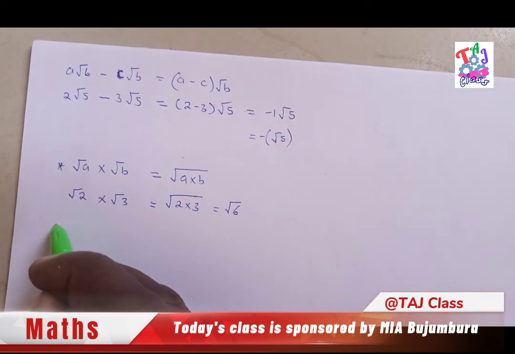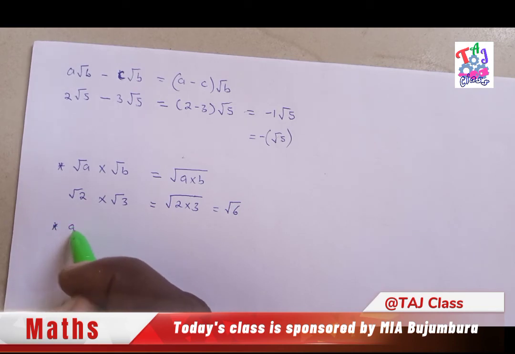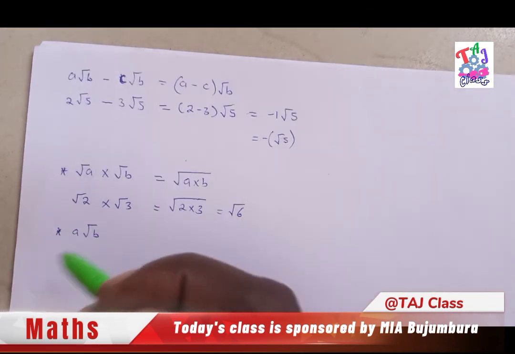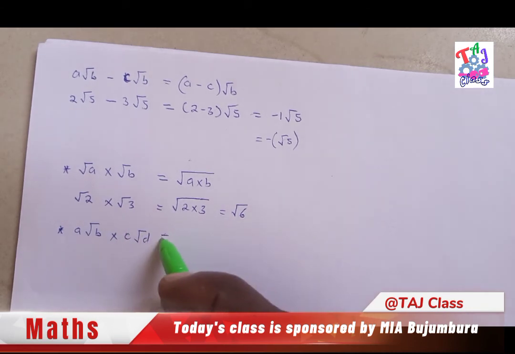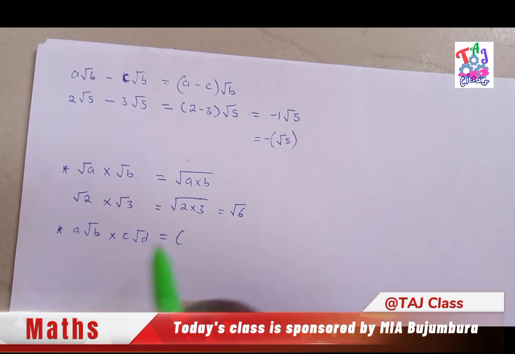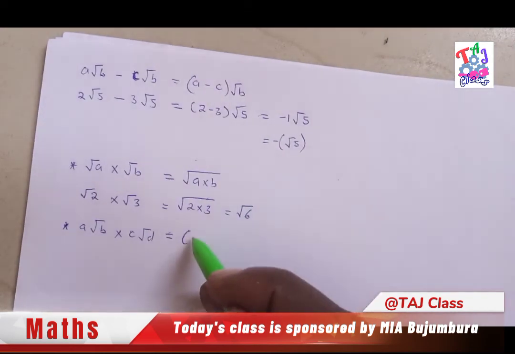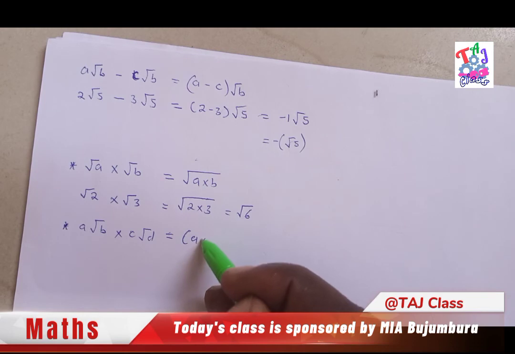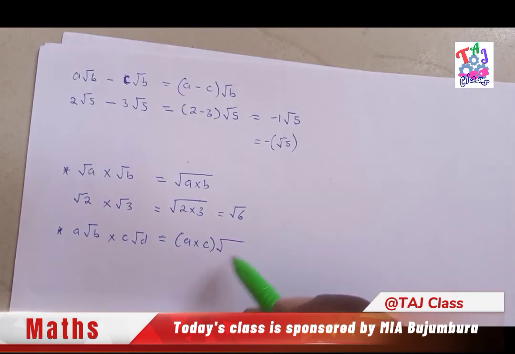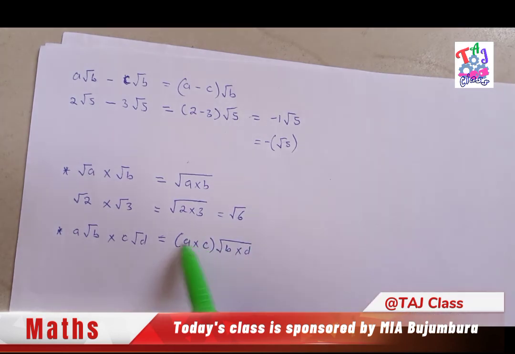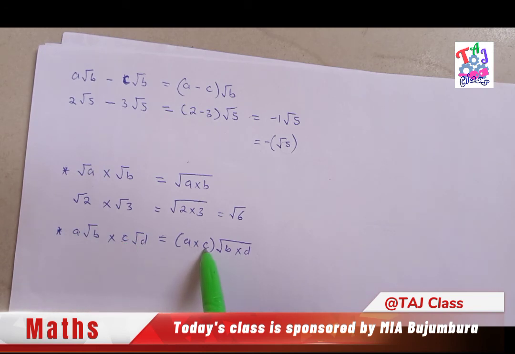Or if you have A√B times C√D, this will be equal to, you get these ones, multiply them together, so A times C, and then put under root B times D. So you get this and this, multiply them together, and then this and this, also put them here. That's what happens when we're multiplying.